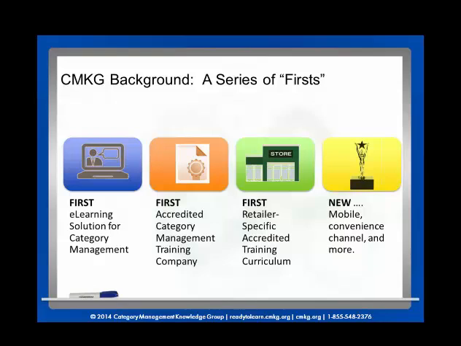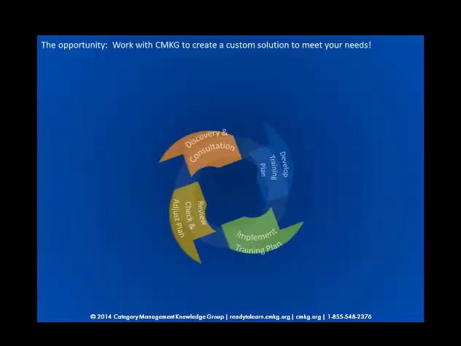We have mobile technology and mobile access to our phenomenal resource library. We're developing training specific to the convenience channel and food service, so a lot of our content is really going beyond just accredited training content into all of the areas that our students and clients are really looking for.